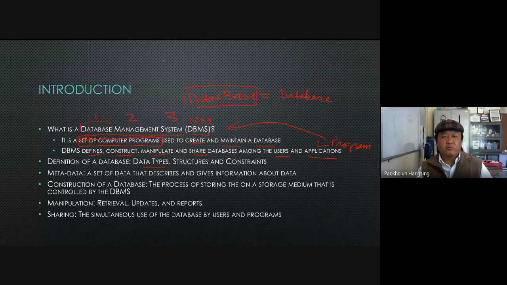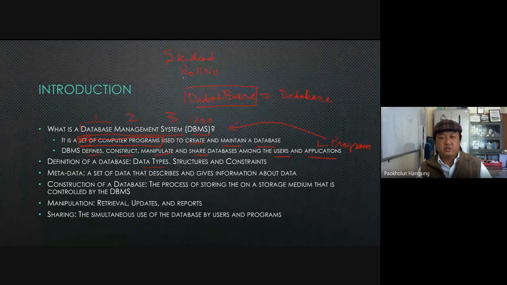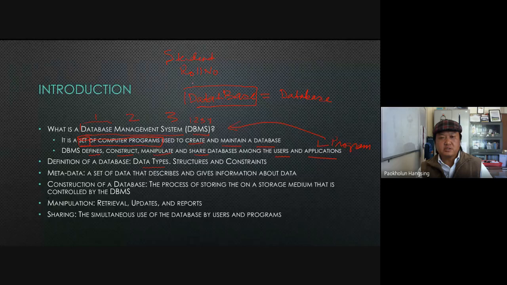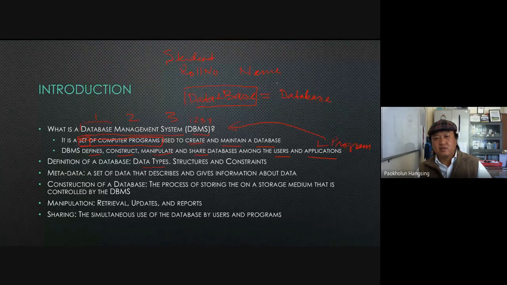Suppose I'm talking about a student's database, and I say roll number. This is one single data item, so I have to define what the roll number will be. Will it be numbers or some kind of characters? For example, the name will be characters or numbers? I have to define it. When I define it, I am stating the data type.